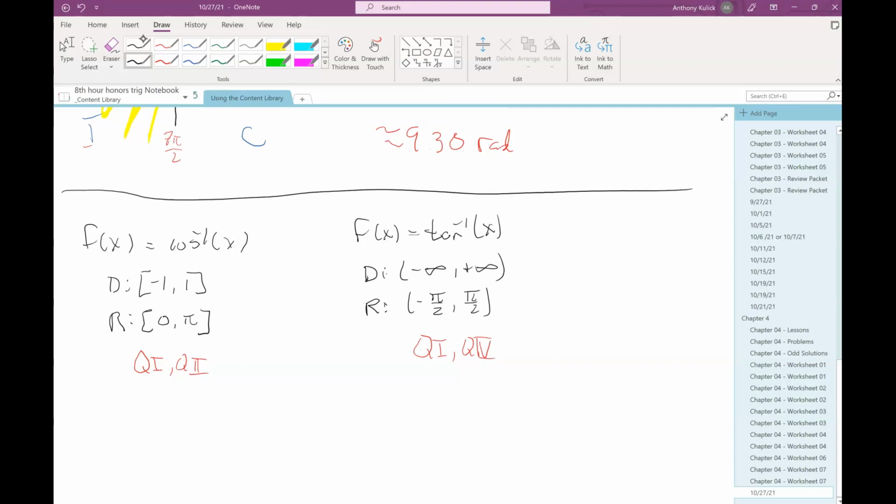Do you guys feel okay with where we're at so far? Now this skill that we're talking about here, being able to find the angle of theta using an inverse in a specific range of values, is the most important skill from this chapter moving forward. So this is the biggest of the big ideas in terms of what we need to take forward. So we're actually going to stop here.